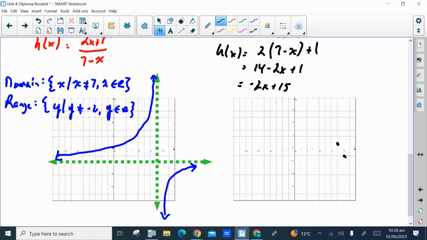So the point 8, comma negative 1 is on this graph. Let's find one more. Let's let x equal 6. Negative 2 times 6 is negative 12, plus 15 would be positive 3. So there's 3 points that lie on this graph. And they all line up, so we can be confident that we've done things correctly.